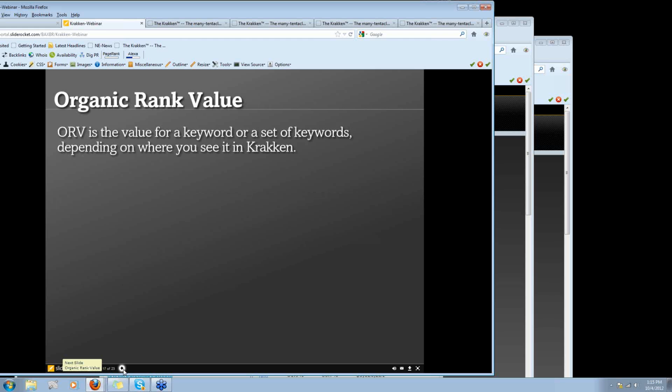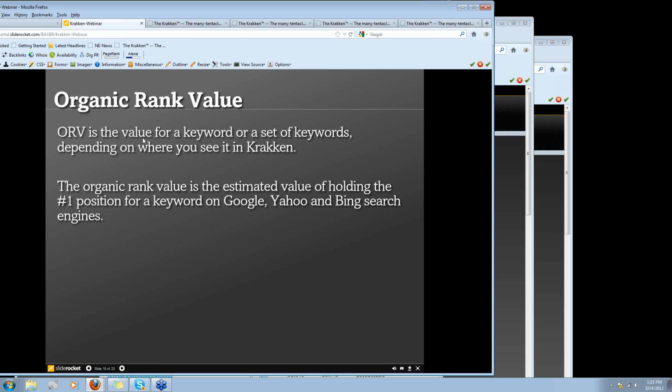Organic rank value is similar, and again, there are certain roll-up places and individual keyword places, but the organic rank value is the estimated value of the #1 position on Google, Yahoo, and Bing. It's just the #1 position.